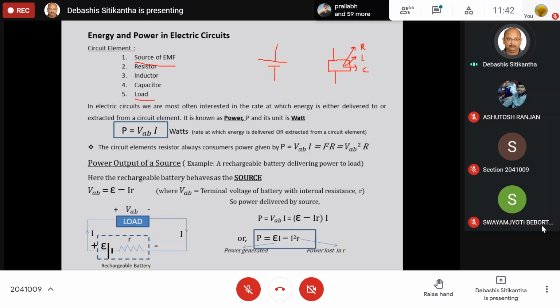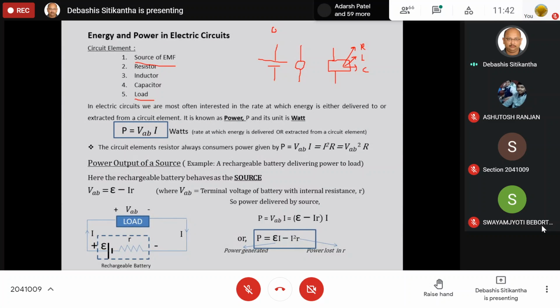So this is how we are interested, and particularly in electric circuits, we are more concerned about this power, because depending on this power, we have to design the circuits. For example, suppose you are going to connect an LED bulb of 9 watt. In this case, you will never use a 4 mm square wire to connect it to the source.